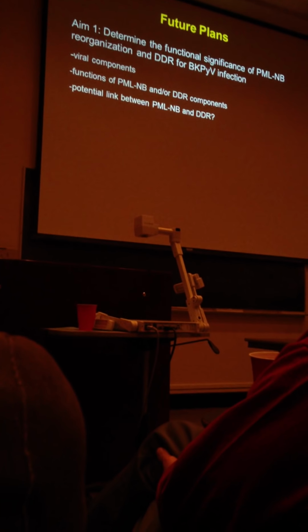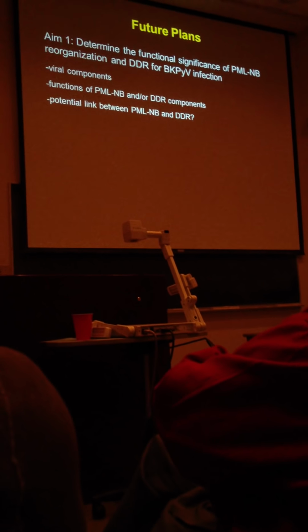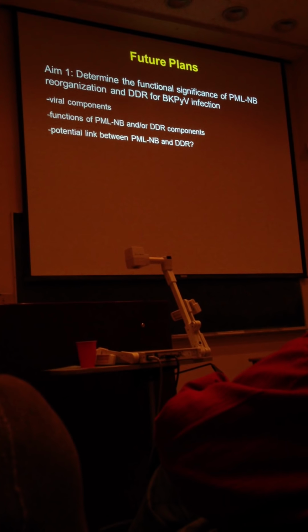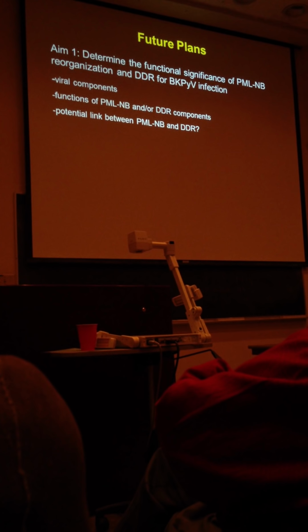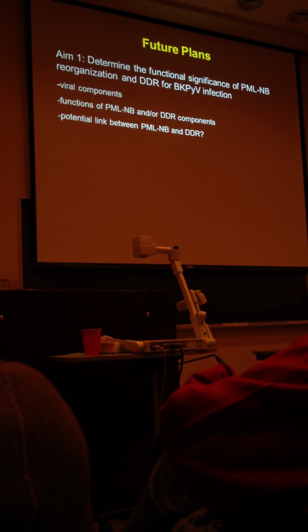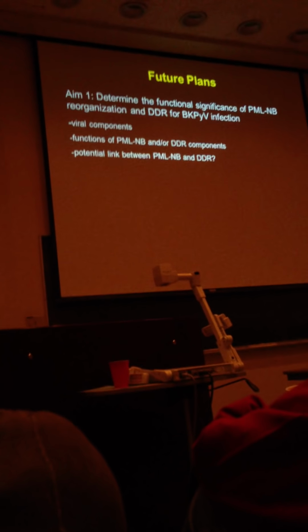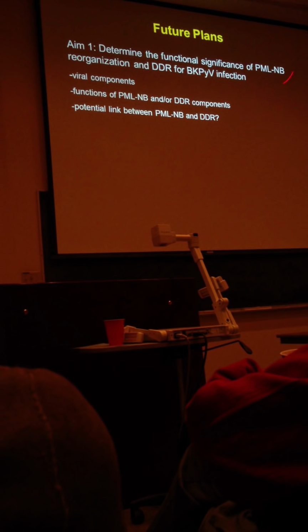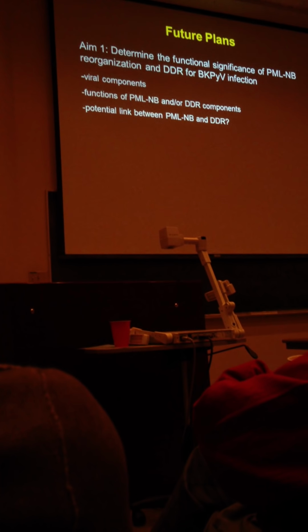In terms of the long-term future directions of these projects, I'd like to propose two aims for my future laboratory. The first aim is a logical follow-up of what I've done in Mike's lab, which is basically determining the functional significance of both the PML nuclear bodies and the DDR response for BKV infection.